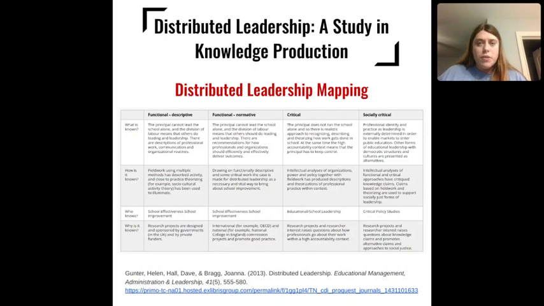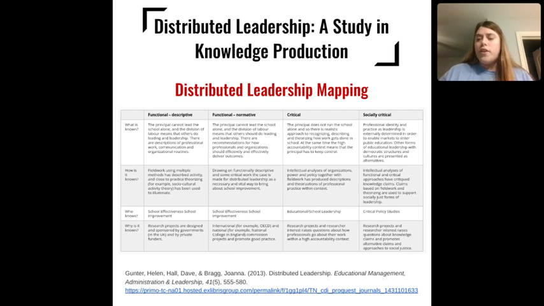I was looking through some of the resources for Module 5, and I found distributed leadership, which is a study in knowledge production. So this was the distributed leadership mapping that I found in the article. And when I was reading through the abstract, just to explain it a little bit more, it designed and deployed a mapping framework to present and analyze knowledge production and distributed leadership in schools.